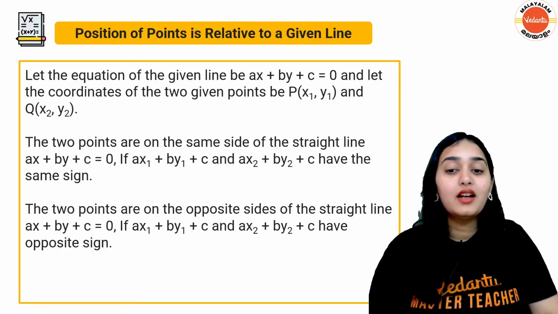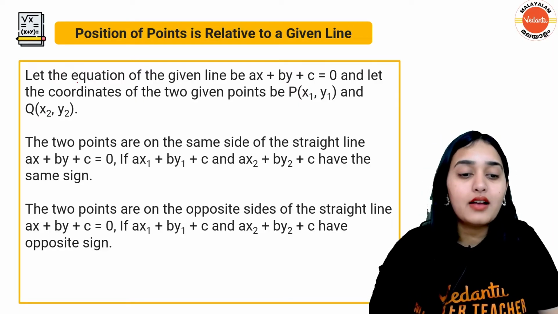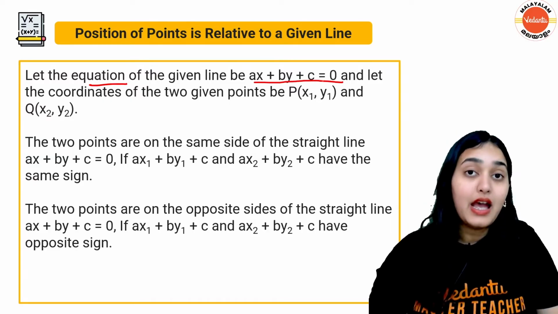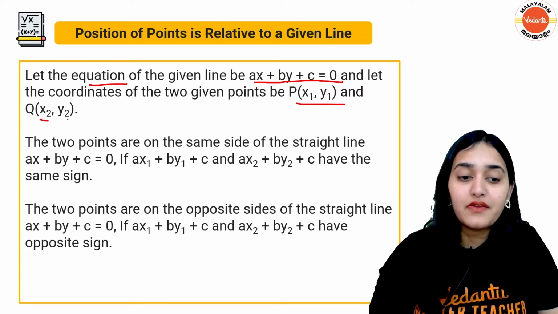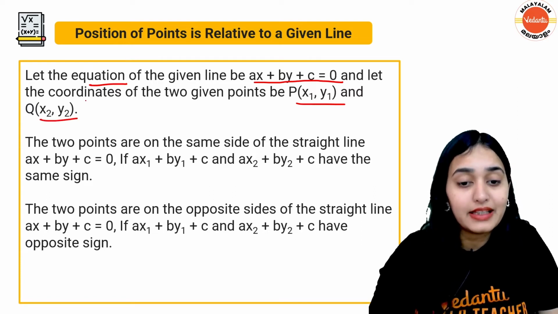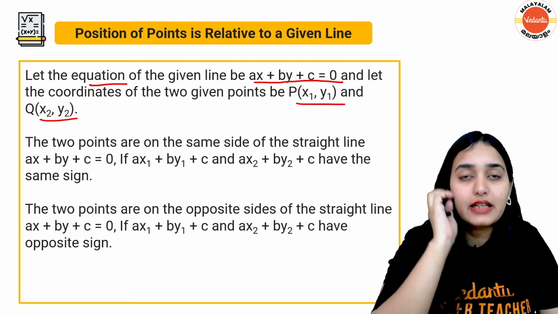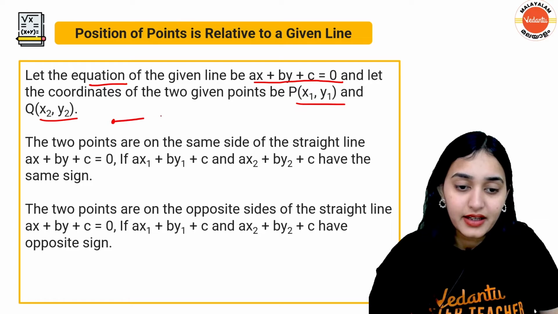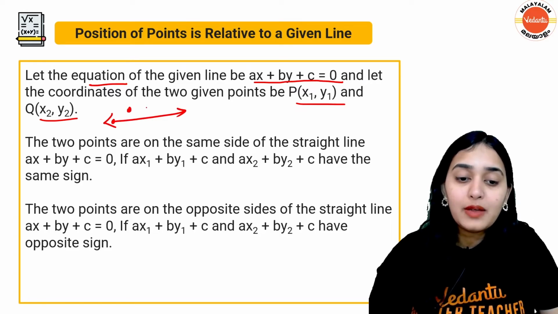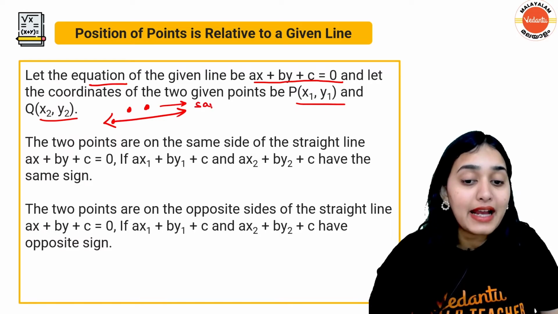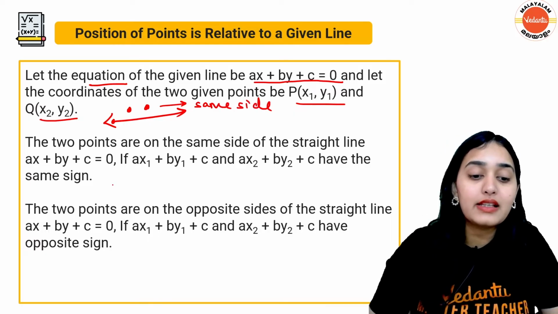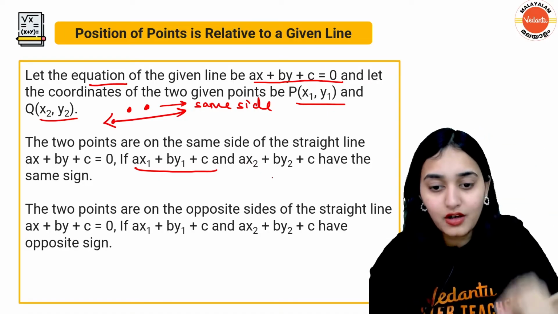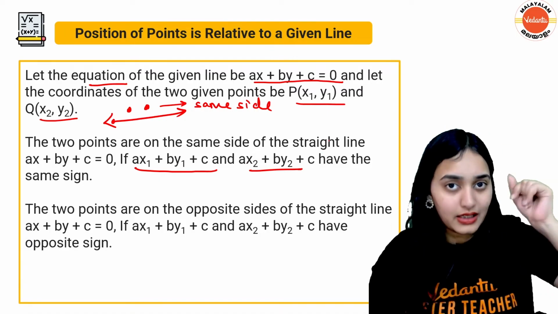Next, suppose the equation of a given line is ax plus by plus c equals 0, and there are 2 points (x1, y1) and (x2, y2). They are not lying on the line, they are just 2 points. If you want to know whether both points are on the same side of the line, simply put x1, y1 in the equation of the line, and put x2, y2 in the equation of the line.